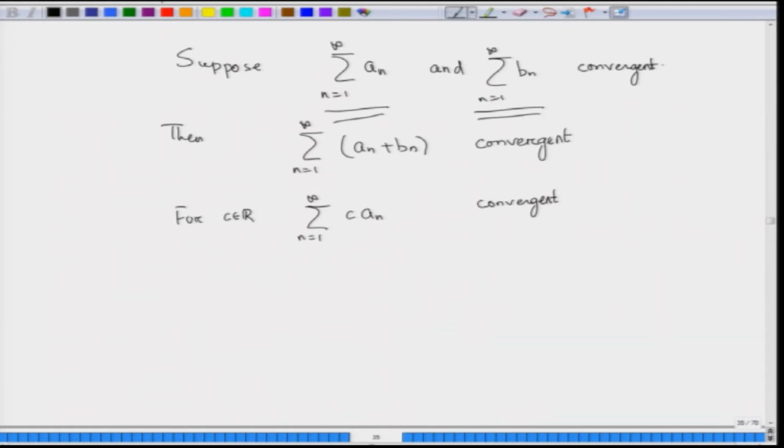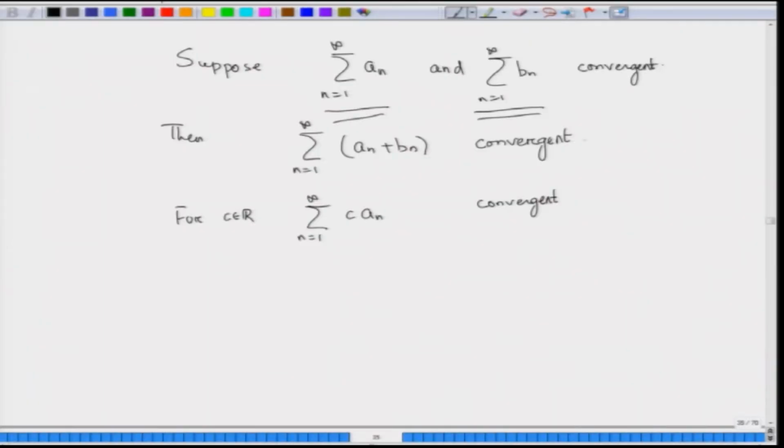So, a n plus b n is 0, which is convergent, but n is not. So, if we have two convergent series, then summation over a n plus b n is equal to summation over a n plus summation over b n. We can split them provided both of them are convergent.